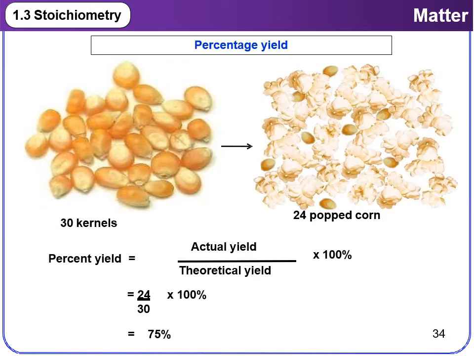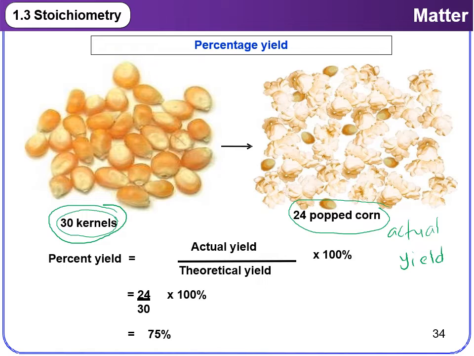Okay, one more example before we go into the tutorial question. You have 30 kernels, but then end up with only 24 popcorn. So that means 24 is the actual yield. When you make popcorn, you hope that all these 30 are popped out.